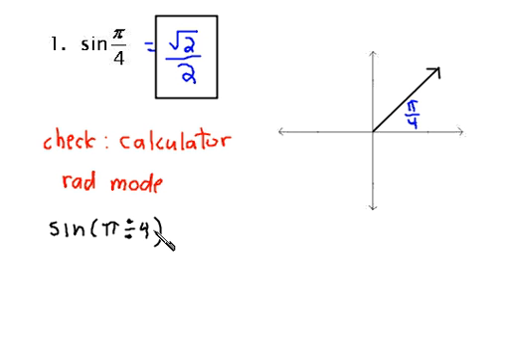And let's see what we get. And you should get 0.7071. I'm taking it to 4 decimals just because that's all I need to compare, and that's very common.